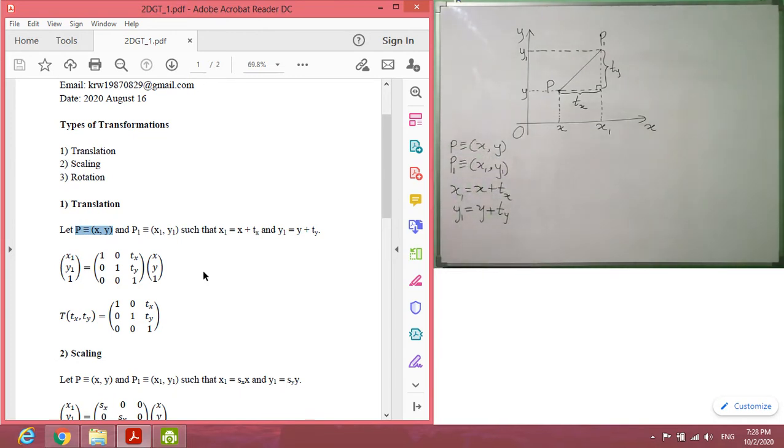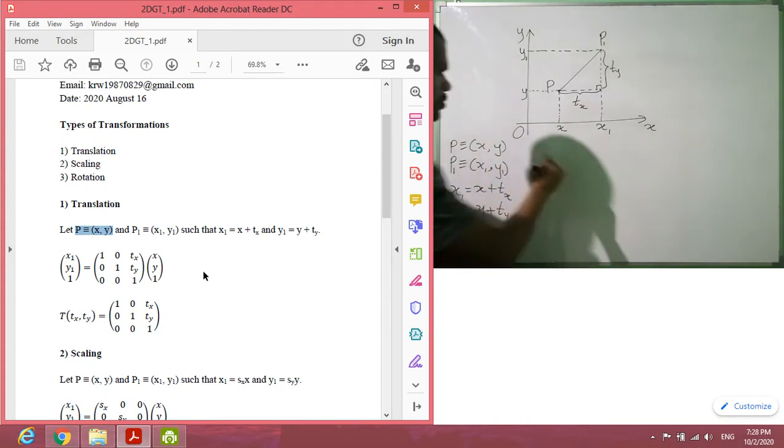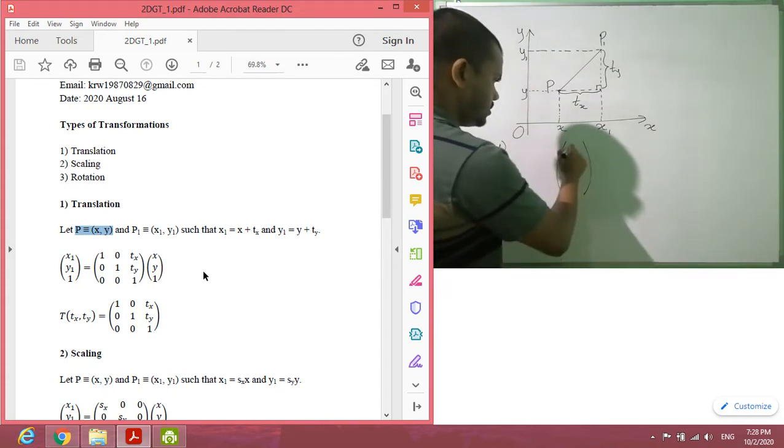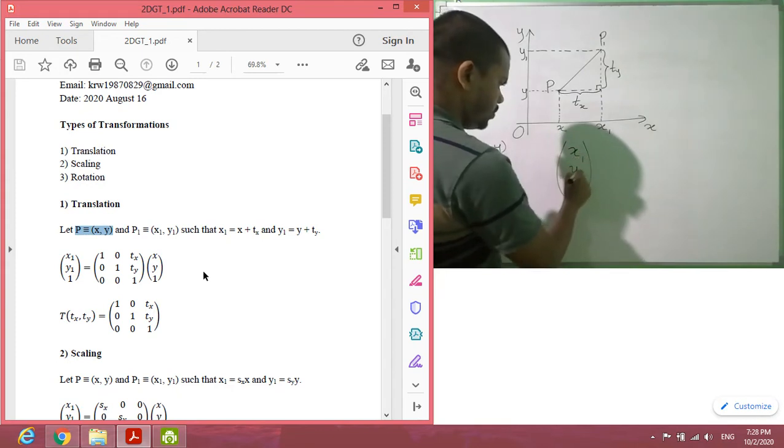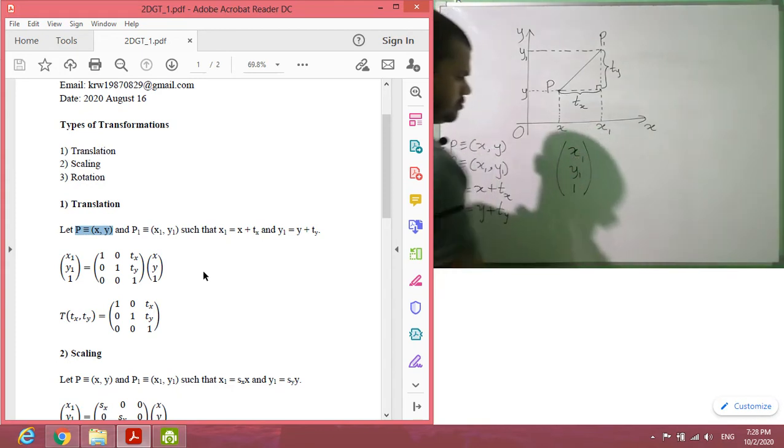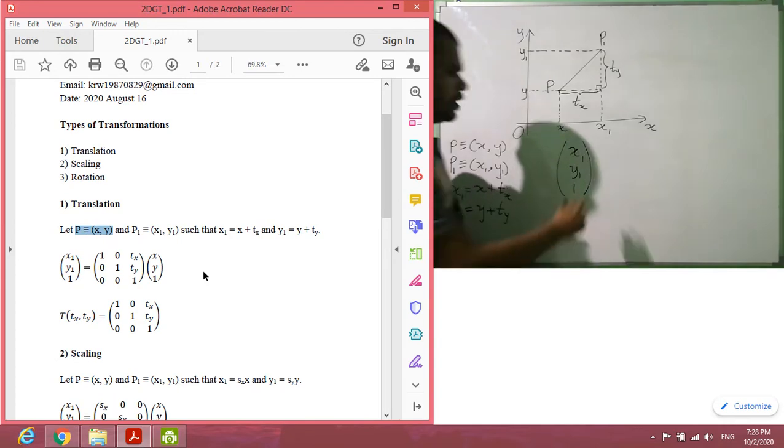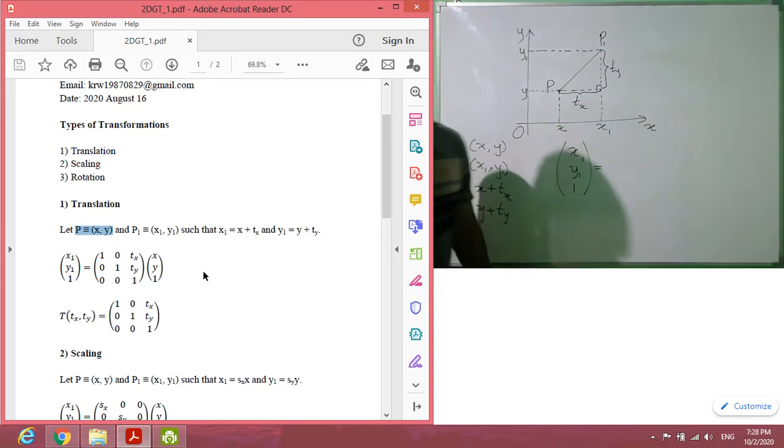So in order to represent this we use matrices. Here we have x1, y1, 1.